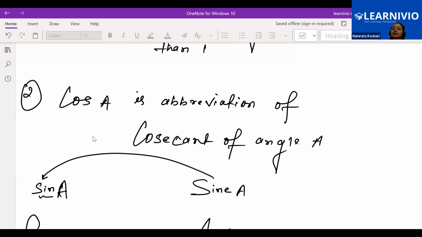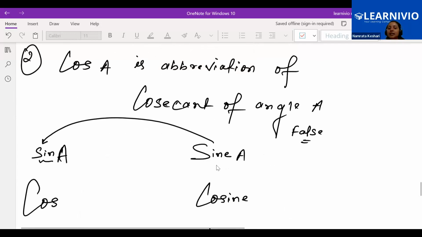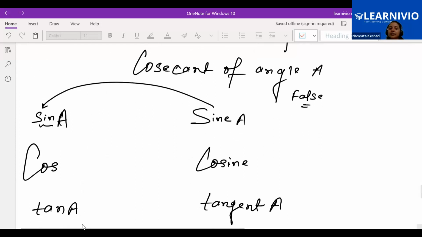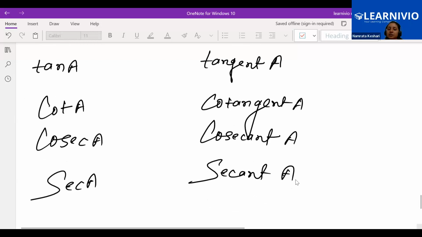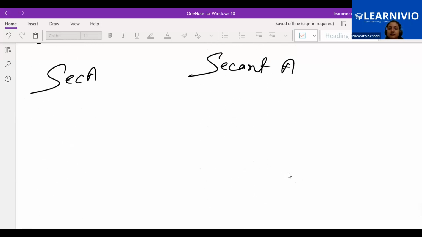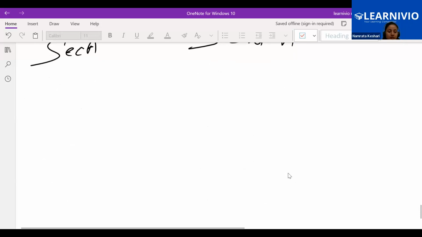Cosecant of angle A is not cos A. Cosine is cos A. Getting it? Yes, ma'am. Okay, this one is false. Be careful with the name. Sine can be written as sine theta, cosine as cos theta, tangent as tan theta, cotangent as cot theta, cosecant as cosec theta, and secant as sec theta. That's it. Let's see the next one.